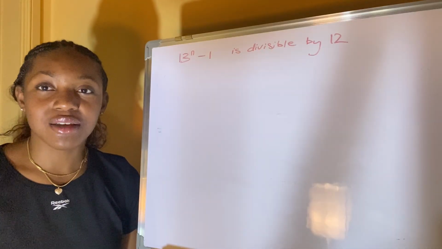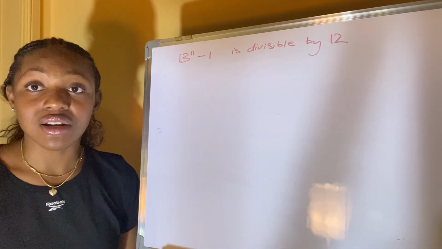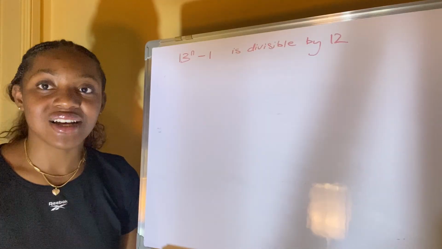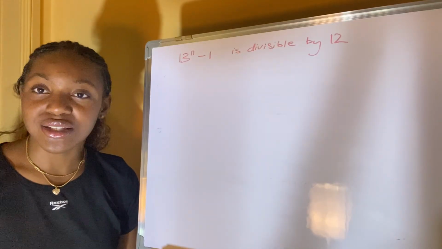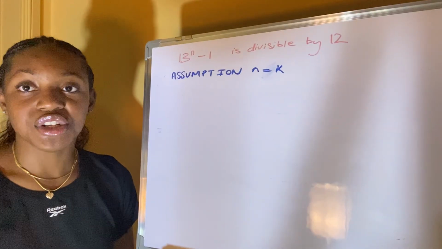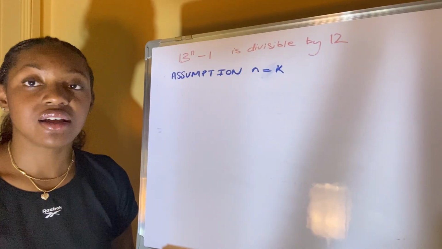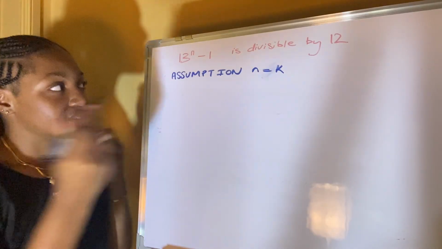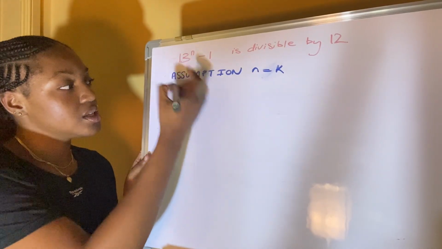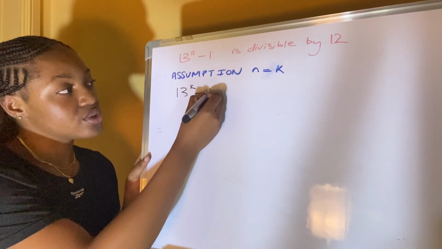Recall that in the implication case, we use our assumption. Therefore, we'd have to go to the assumption case to determine the implication case. So let's do that. So here we have our assumption case. This is where n is equal to k. Therefore, wherever we say n, we're putting k. So we're going to have 13 to the k minus 1.